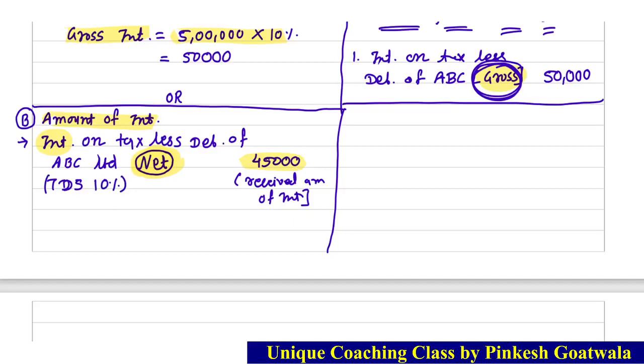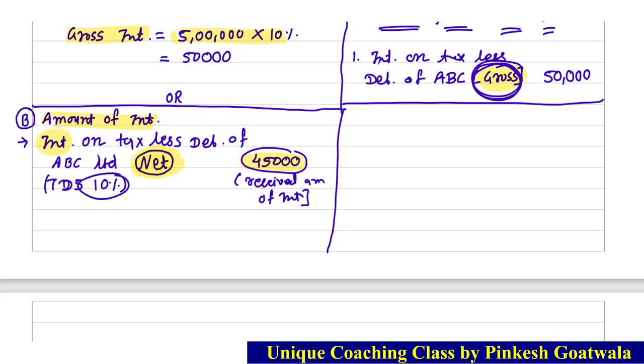So now what to do here? We have to find out the gross income, and we solve this type of problem as we learned in lottery card games. This 45,000 is the net amount, meaning after TDS, after tax, and the rate of tax is 10%.